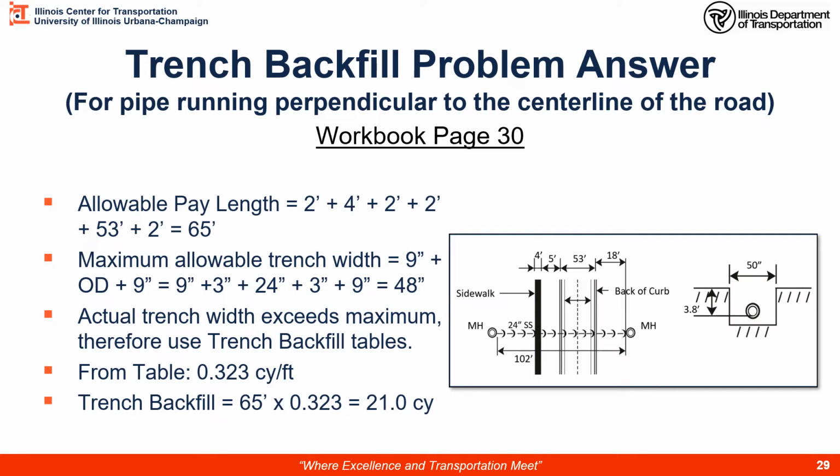The maximum allowable trench width, we go 9 inches, since this is a shallow trench, or less than 5 feet. We go 9 inches, outside diameter plus 9 inches. So in this case, our pipe thickness is 3 inches. So we got 9 plus 3 plus 24 plus 3 plus 9 gives us 48.